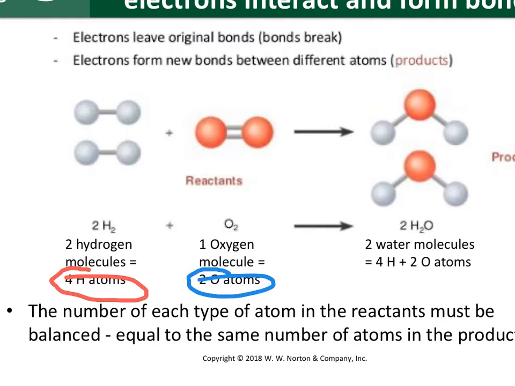And then when they combine, you end up with 2 water molecules, each with an oxygen and 2 hydrogens, H2O. So you see we still have 4 hydrogens on the right compared to 4 hydrogens on the left, and 2 oxygens on the right compared to 2 oxygens on the left. And this is what we mean by conservation of matter.